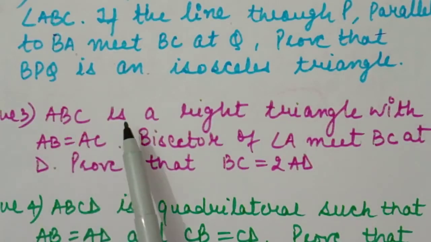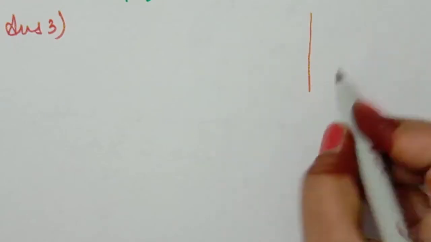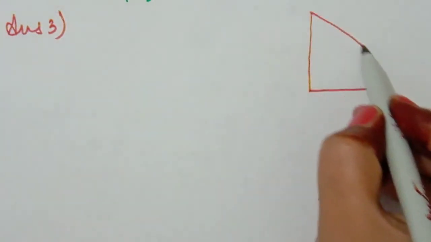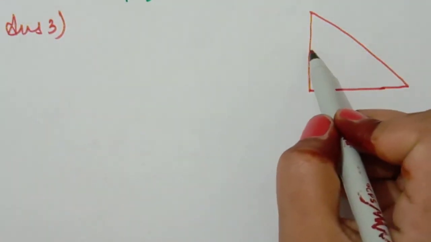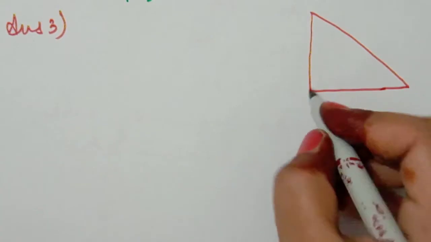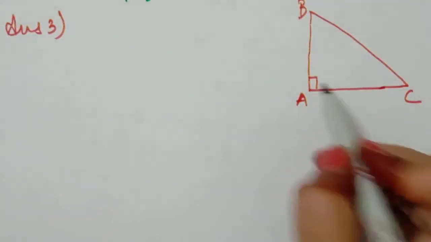Third question was, ABC is a right triangle with AB equal to AC. The bisector of angle A meets BC at point D. Prove that BC is double of AD. So definitely when AB is equal to AC, angle A is 90 degrees.